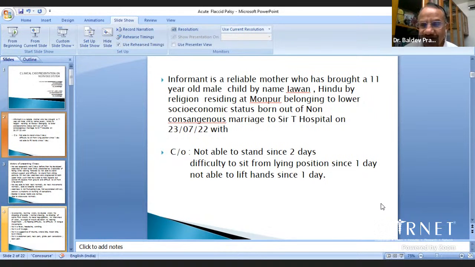Whatever the disorder, probably we don't know; further we can go into the detail. But from these complaints, at least we can make up our mind that it is acute in onset and probably progressing fast. Still, more information will help you further. Bhargav, can you go further for the next? Sir.